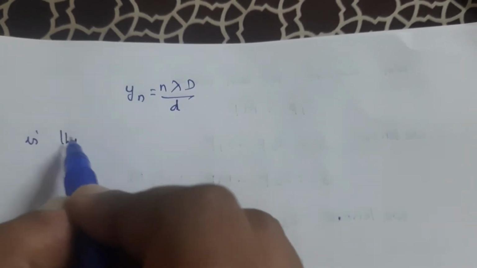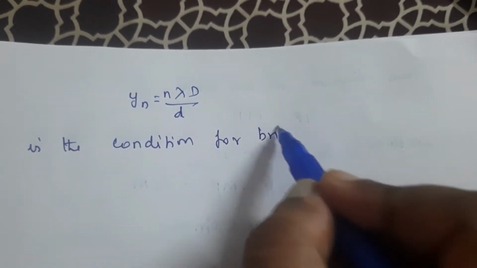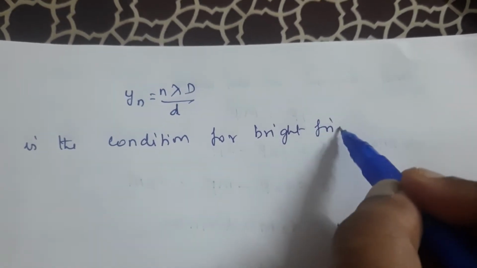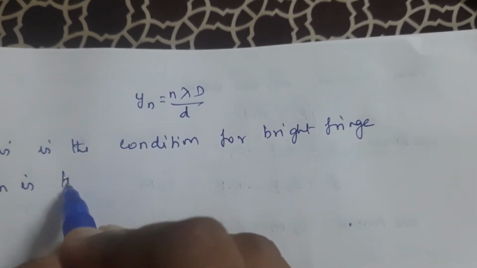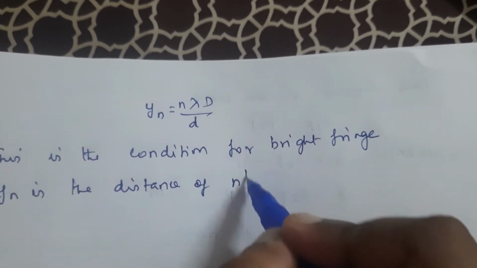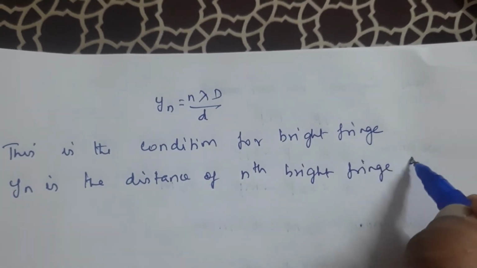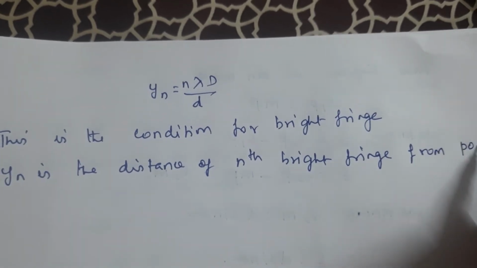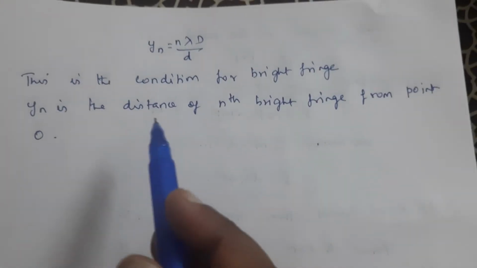This is the condition for bright fringe. Yn is the distance of the nth bright fringe from point O, from the center point to the nth bright fringe.